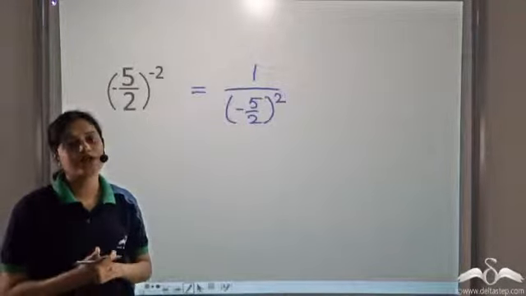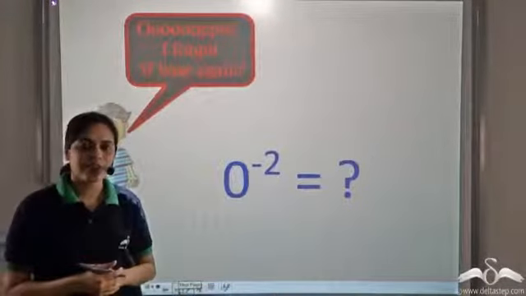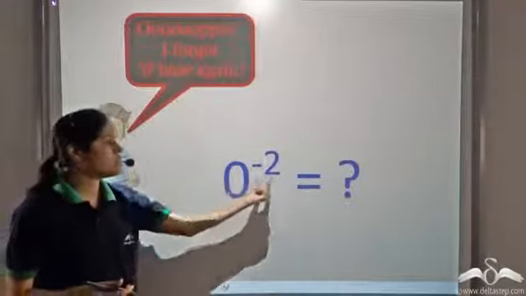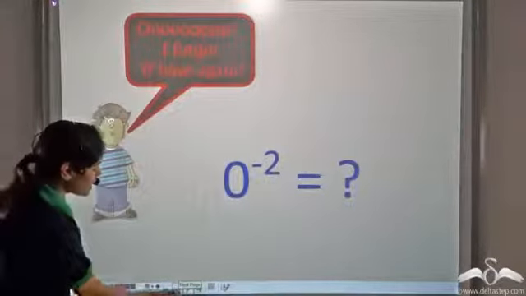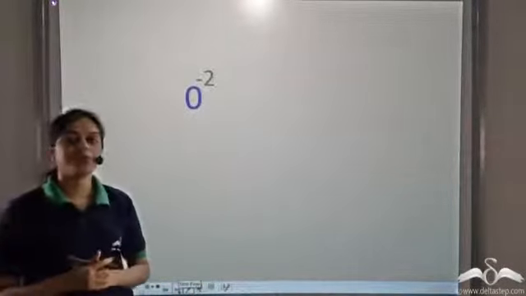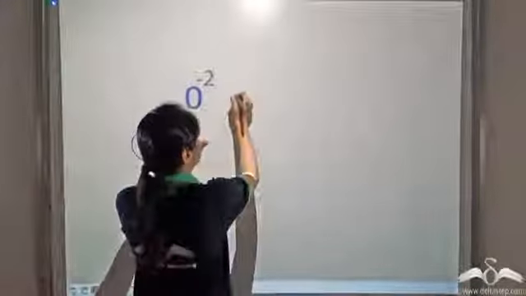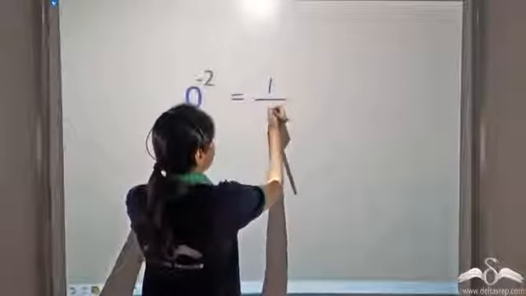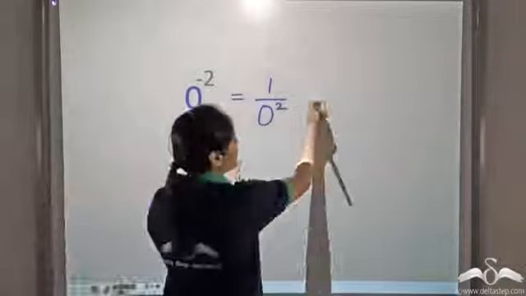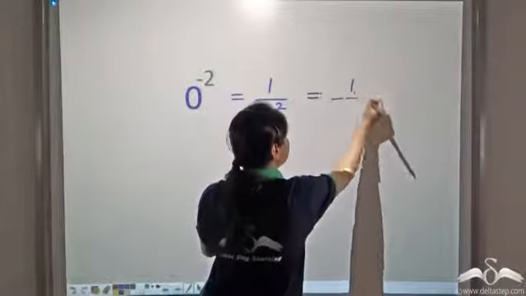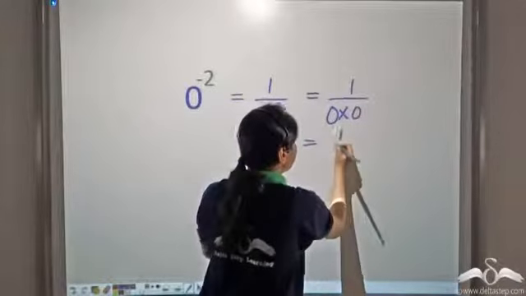But we missed out 0. So what is 0 raised to a negative power? That is, what is 0 to the power negative 2? Let us try and find it in a manner which we have learned till now. So if we write this as 1 divided by 0 to the power 2, this becomes 1 divided by 0 into 0, which is 1 by 0.